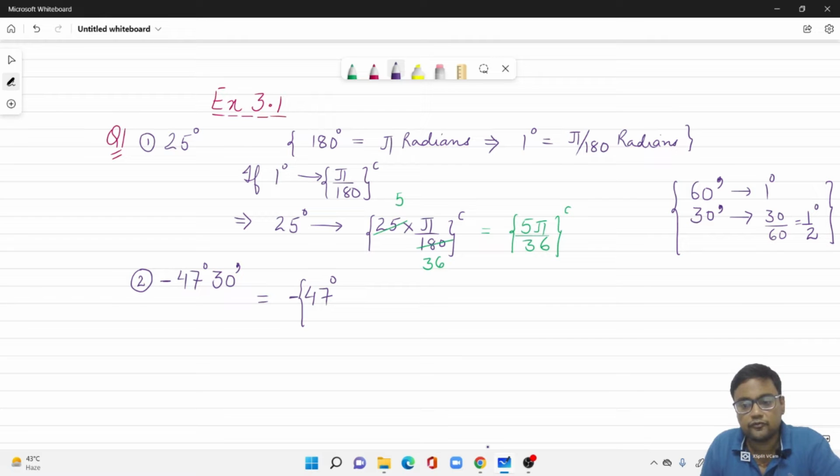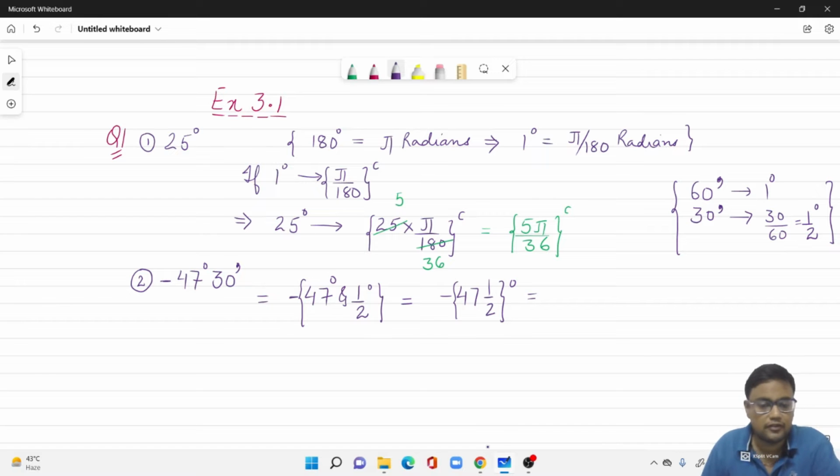So be very careful children. In such cases you need to have compatibility, and compatibility is obtained when uniformity is achieved. So we have to make it uniform here, minutes also have to be converted into degrees. So and half a degree. So all in all we can write this as minus 47.5 degree, right?